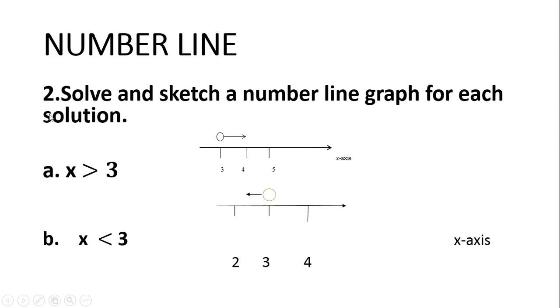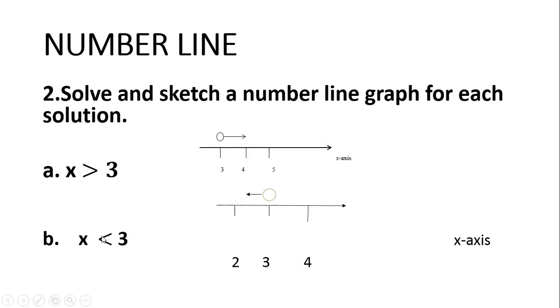The solution for A is x greater than 3. If x is greater than 3, we are considering numbers more than 3, so the arrow points towards 4, 5 and on. The circle is not shaded, meaning it's not equal to 3, but it's moving from 3 to 4, 5, and on.